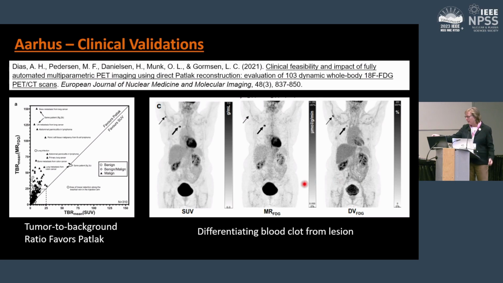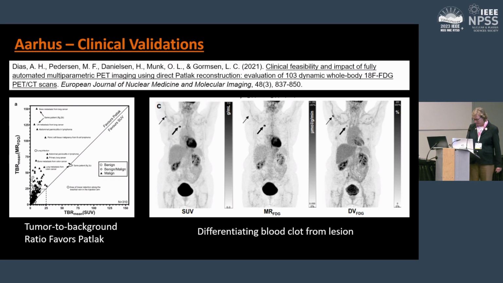Whereas the suspicious nodule in the lung was definitely metabolically active and not so much due to free FDG. And Dr. Diaz, the MD and lead author, said that probably 5% of the time they would get something like this that was obvious, but he liked it because it was like a helping hand, and it gave him more confidence when he read the SUV image and wrote up his report.